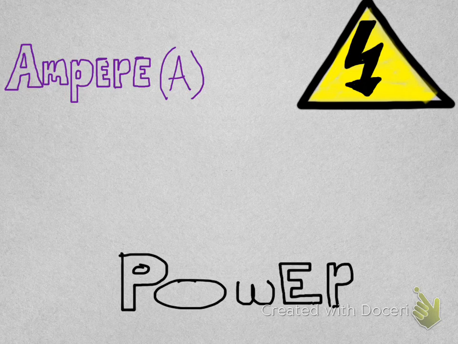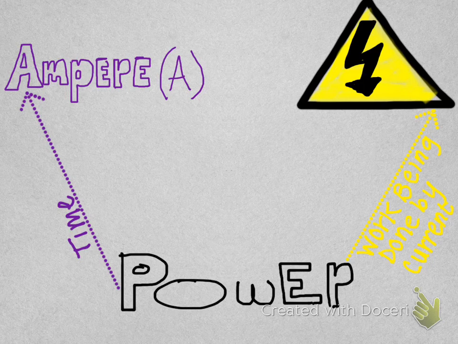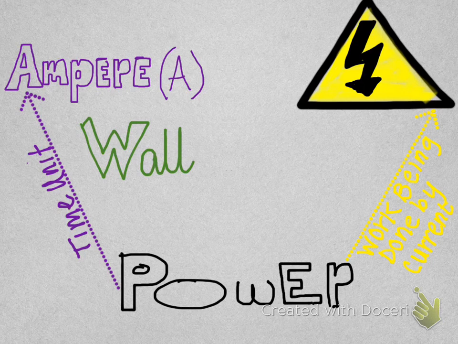If we consider what the two contribute, voltage describes the amount of work performed in a unit of time, and amperage defines the unit of time it takes for the power to actually be produced.